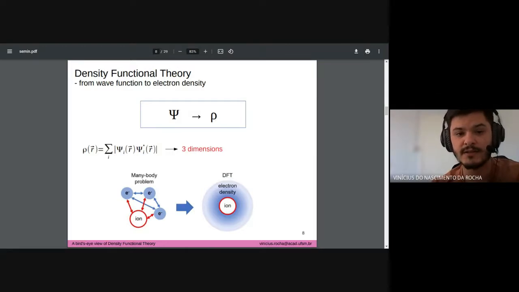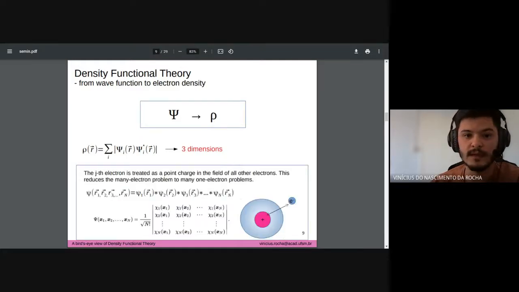So the electronic density is a function of three variables and it has a direct physical interpretation. The wave function can be written as a Slater determinant, so instead of a many-body problem, we will have several single electron problems.